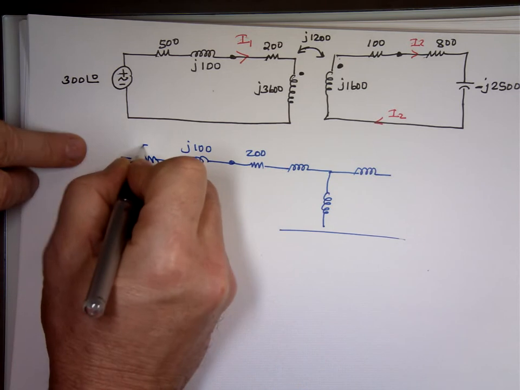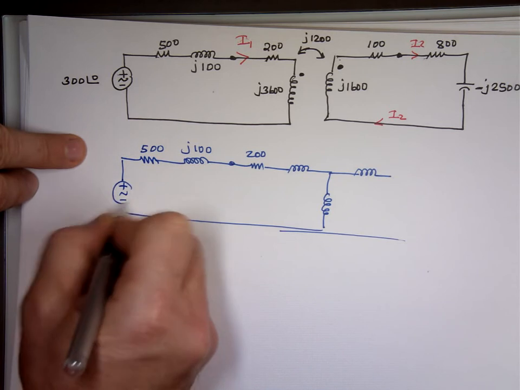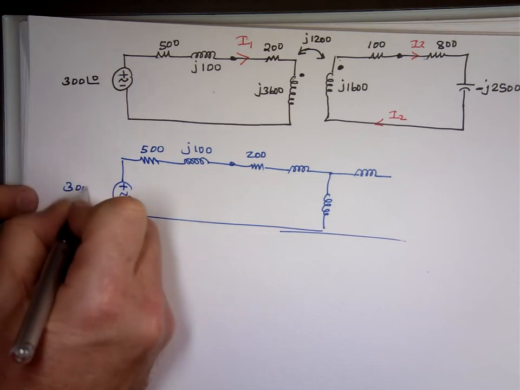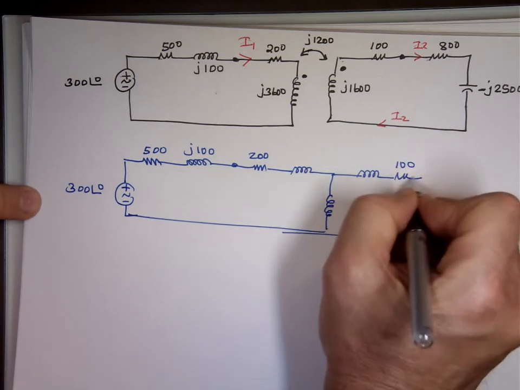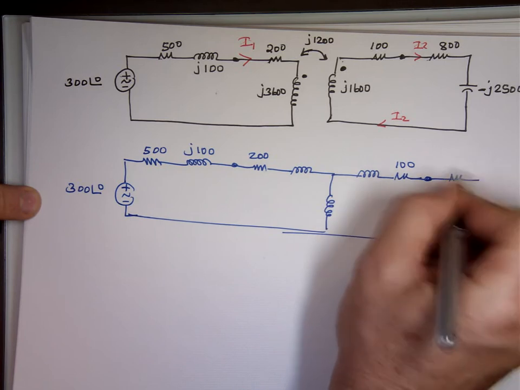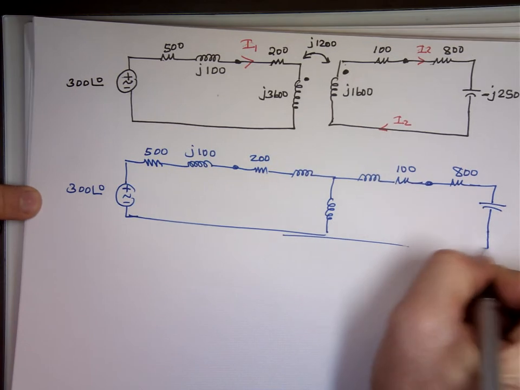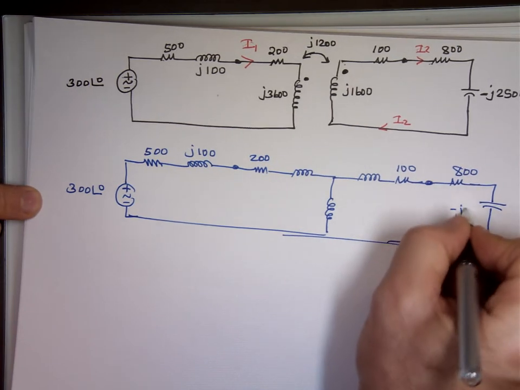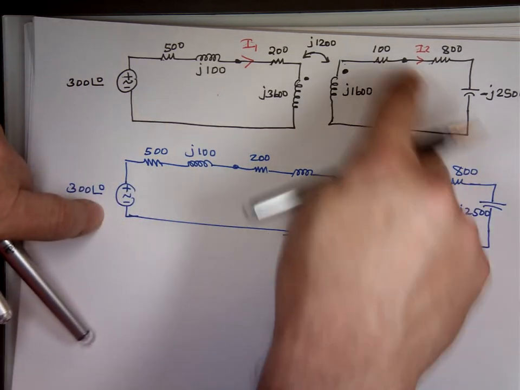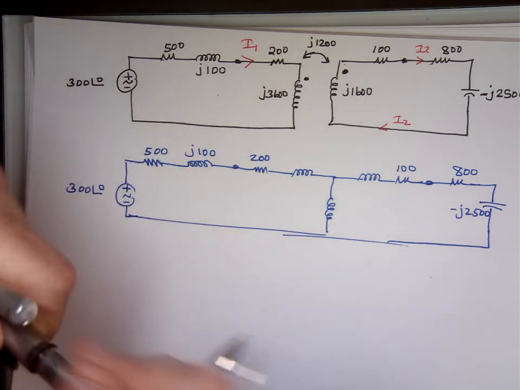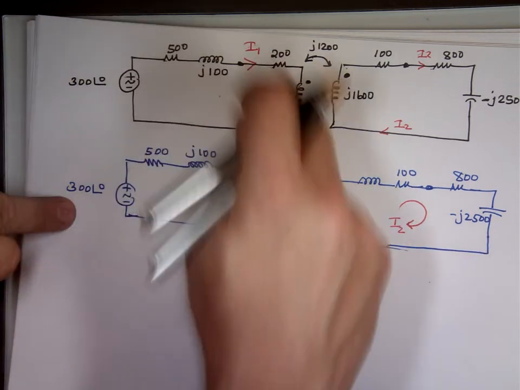There's the 500. $300 angle 0. This is the 100. The 800. Negative J2500. I sub 2 is defined going this way, so I'm not going to change it. I sub 1 is defined going this way.